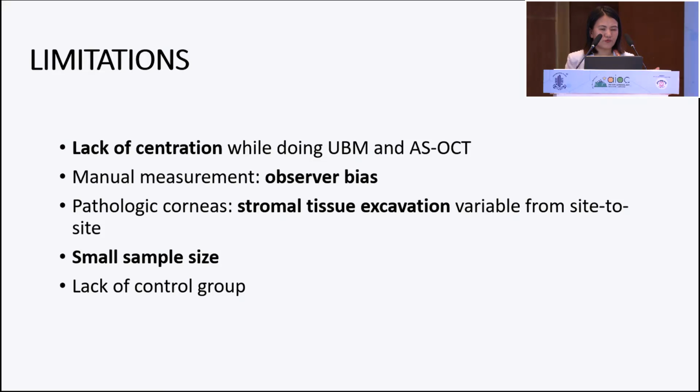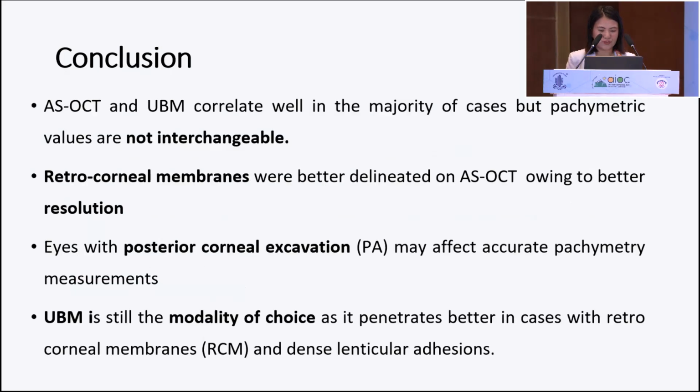Manual measurement was done for UBM, so observer bias is present, and in corneas which had stromal excavation, side-to-side variability was high. Even though it is one of the largest studies so far with the maximum number of patients with congenital corneal opacity, there was a lack of a control group of age-matched children.